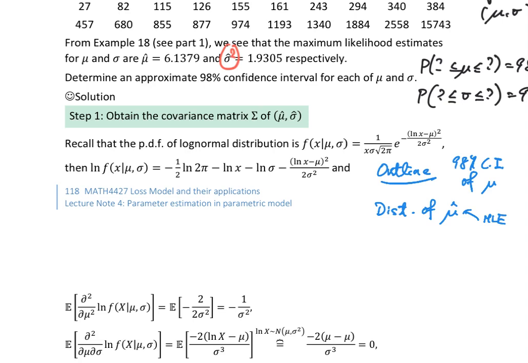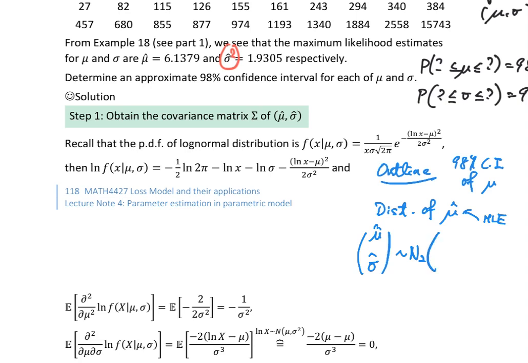In this situation, we have two parameters involved in the distribution. Assuming that your sample size n is sufficiently large, which may not be too realistic in this example, then this pair of MLE, mu and sigma, will follow the multivariate normal distribution.